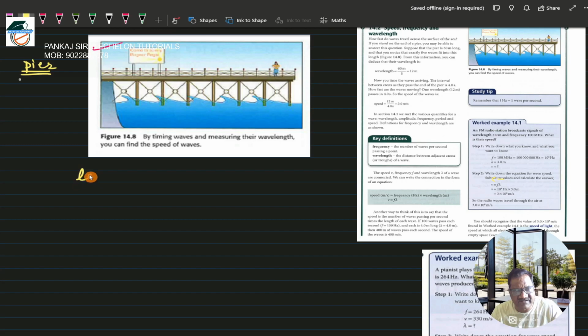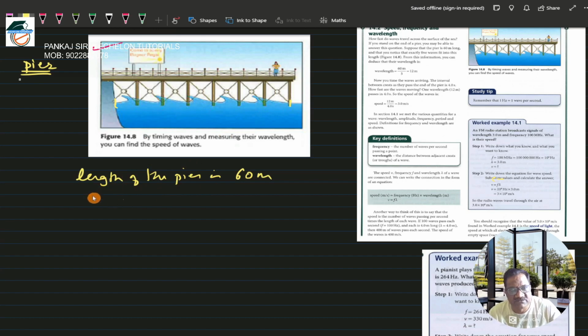So I'll write here: length of the pier is 60 meters. Maybe from this point to this point is the length of the pier, that is 60 meters, that is given. And he says that there are 5 waves to be seen along this pier. How many waves? 5 waves.